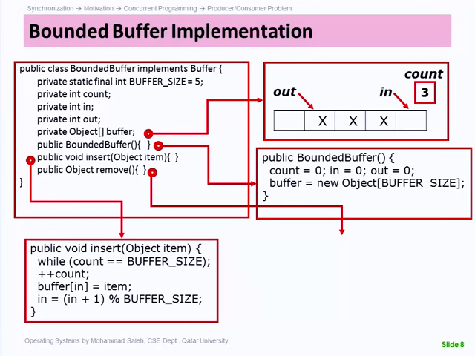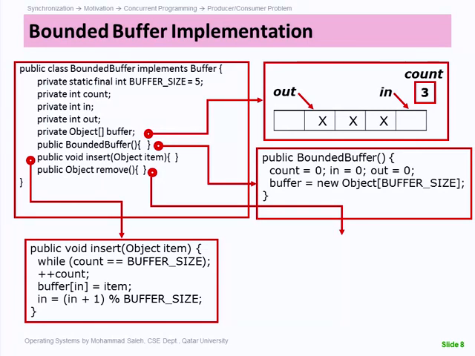Then the producer continues. But if it doesn't return, it means blocked. So we can implement that by using a while loop, saying that while count equals buffer size, it means it's full. And in this case, the method keeps what? Checking the condition. Keep checking the condition, hoping that the condition will become false.